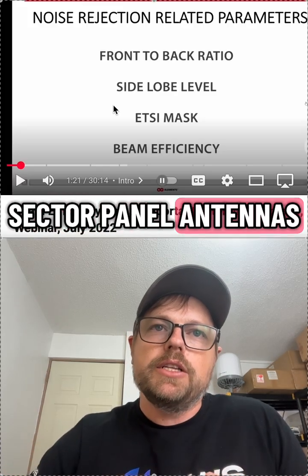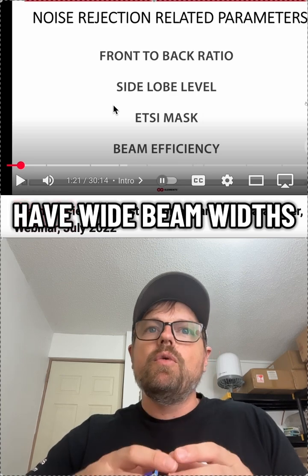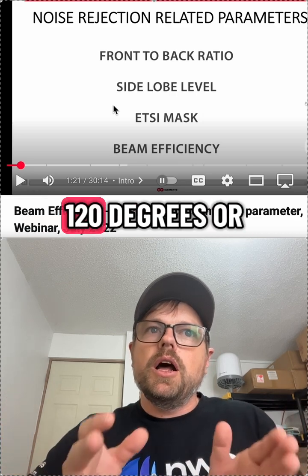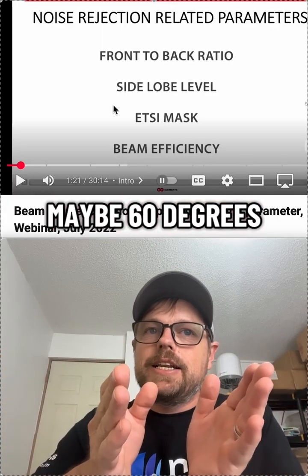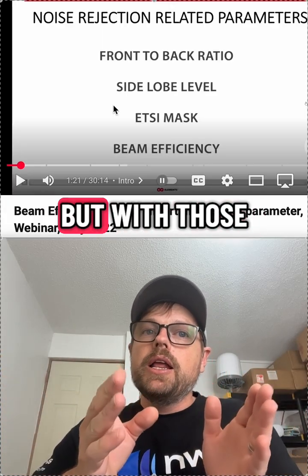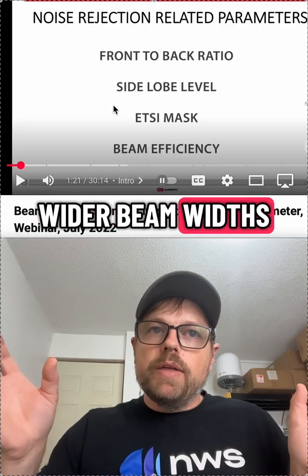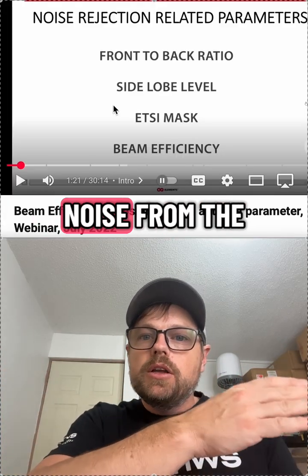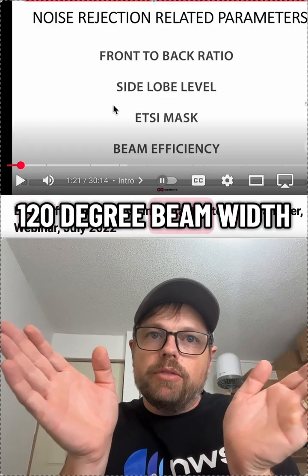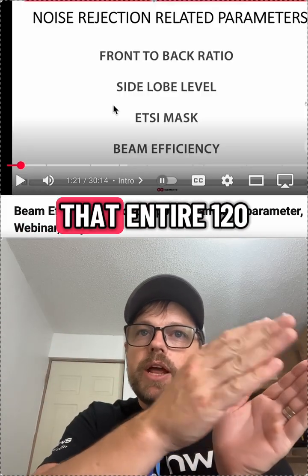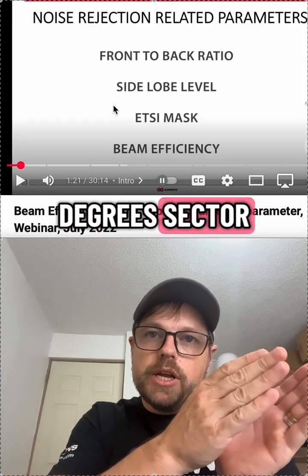Sector panel antennas usually tend to have wide beam widths, 120 degrees or 90 degrees, maybe 60 degrees. But with those wider beam widths, you're picking up noise from the entire sector. If you have a 120 degree beam width, then you're picking up noise from that entire 120 degree sector.